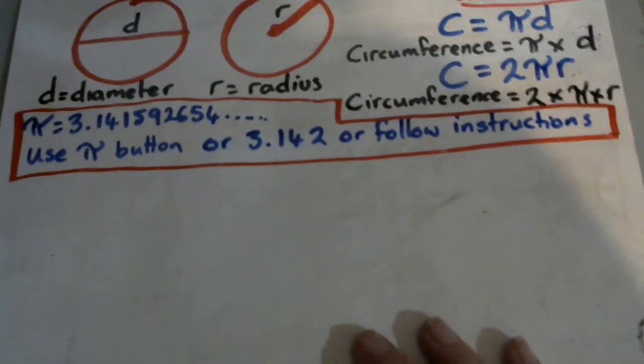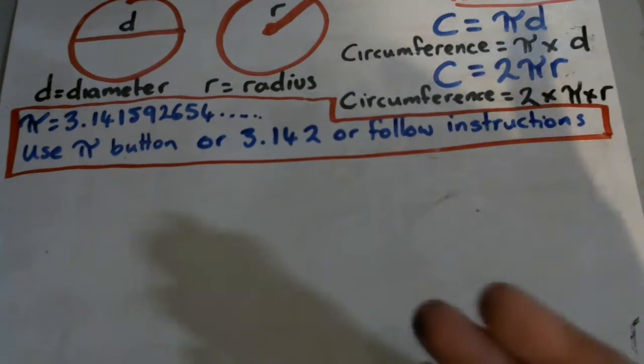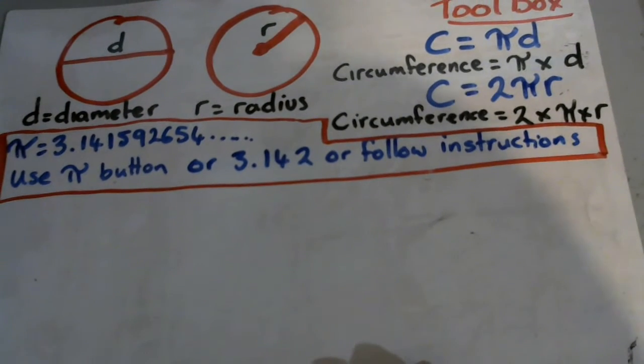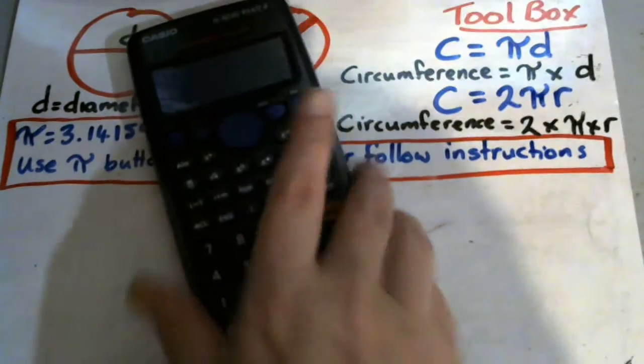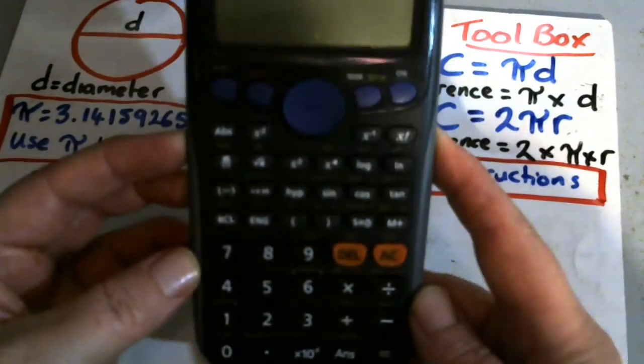The only other thing you need to be aware of is reading instructions carefully. In a question, it might just say, find the circumference of a circle, in which case you can choose to use the pi button on your calculator. If you're not sure where that is, I'll hold this up a little closer so you can see.